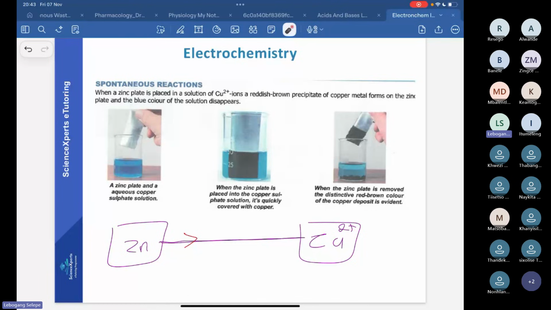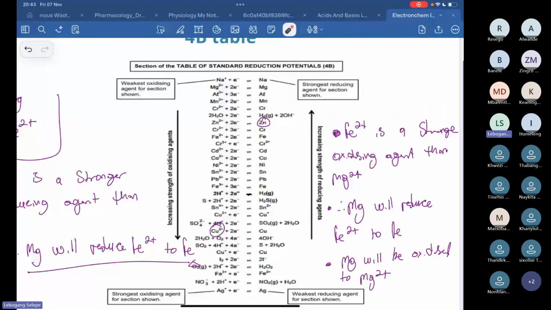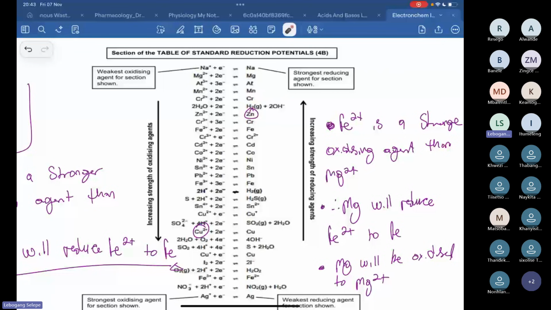All right. So on the table, we use this to determine whether a spontaneous reaction will take place or not. Right. So the idea is that on this side of the table we have donators of electrons. These substances, they want to give away electrons, and these ones, they need to accept electrons, right?